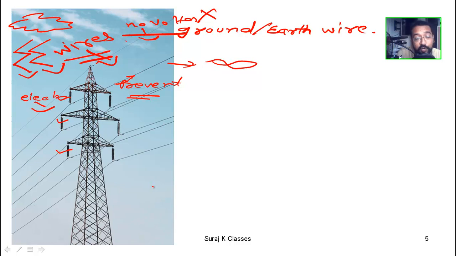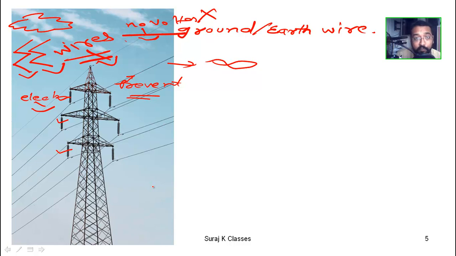If this is not present, it would be very difficult to maintain these lines, because there would be a surge of voltage and current, and at your house your electrical appliances, your TV, refrigerator, fans, everything could be blown off because of the high voltage surge.